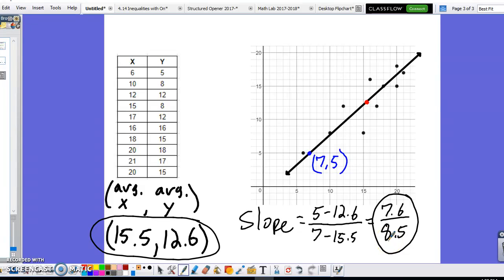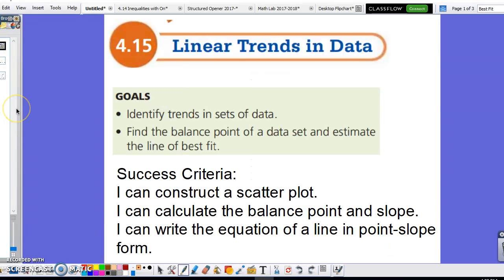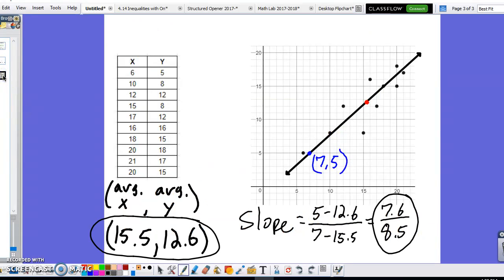The last thing I want to do, because my goal is to estimate the line of best fit, is write the line of best fit. We're going to do that in point slope form. If you remember what that looks like, y minus y1 equals m times x minus x1.